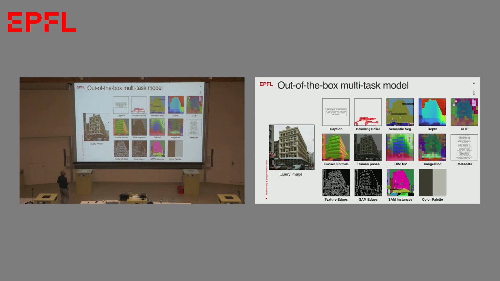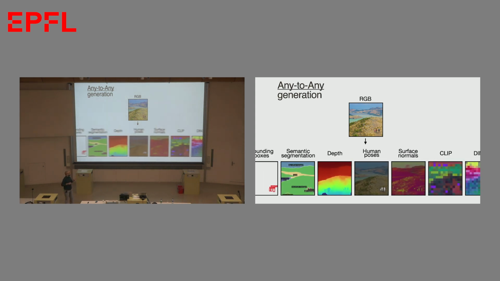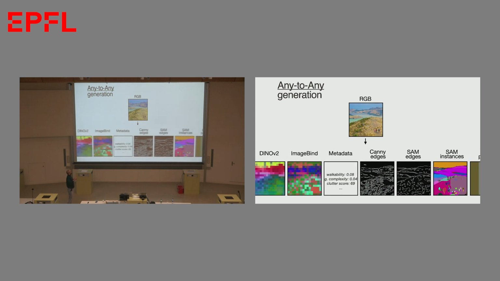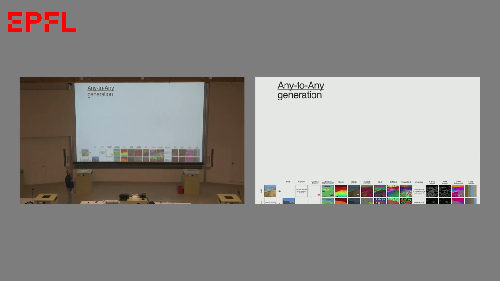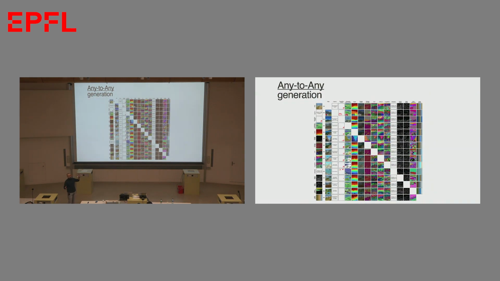I mentioned that what we want is to be able to map any modality from any other modality. So besides getting one RGB image and predicting things out of it, there's a full matrix of going from any of these modalities to anything else. This is the actual full matrix. I think there are 225 of these windows there.